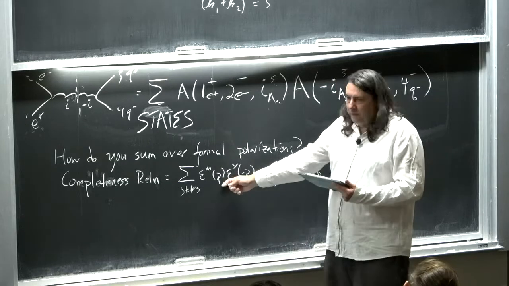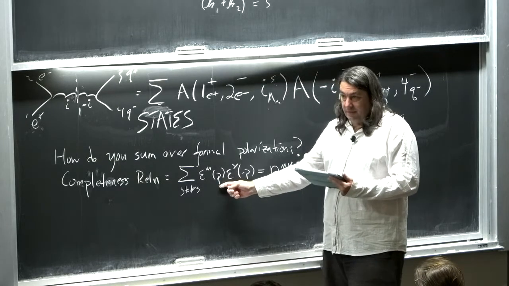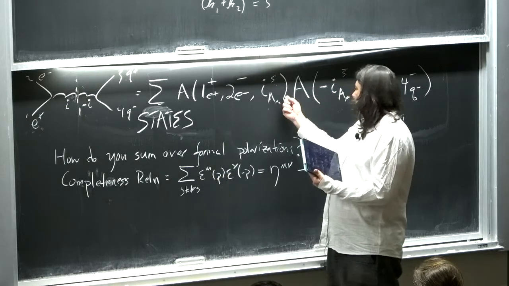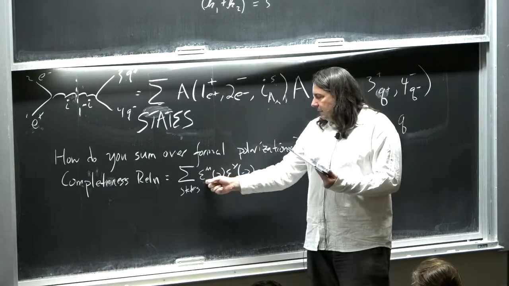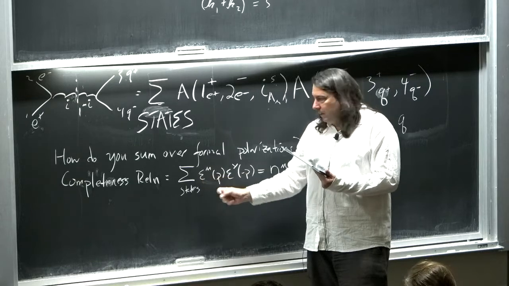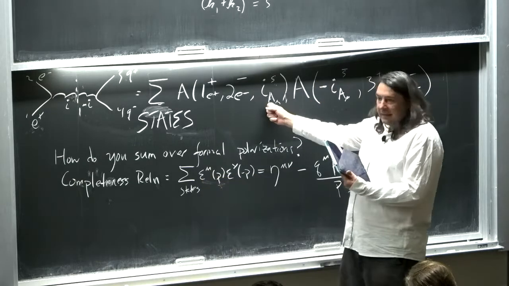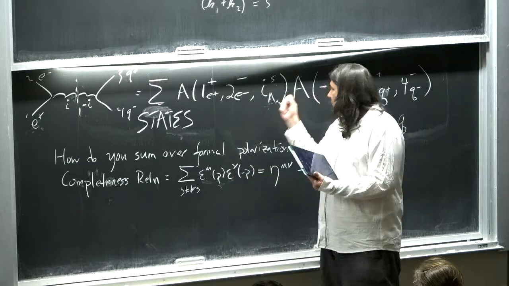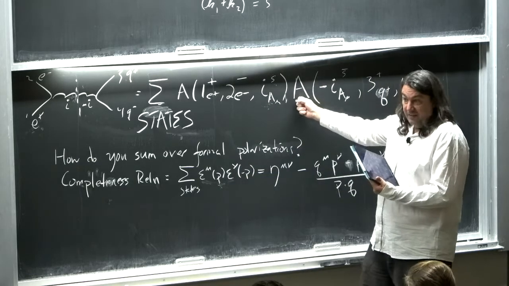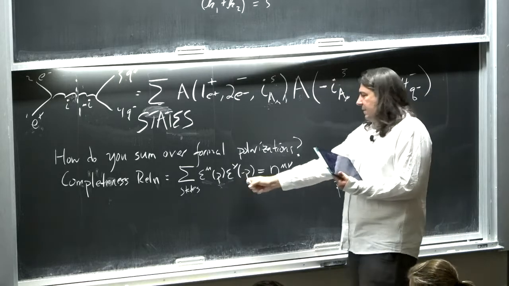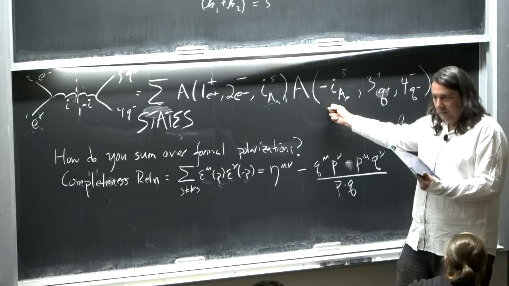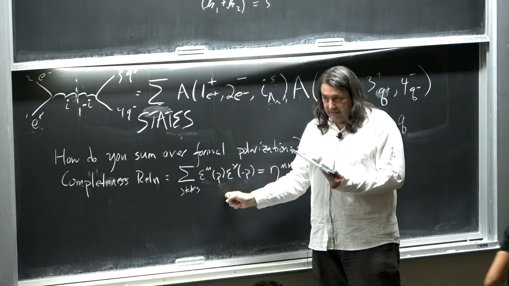When you've got formal polarizations, they're dotted into something. So pry apart the dot, and what's left is some epsilon mu with some momentum. The momentum in this case is going to be I on this side. You'll also have an epsilon nu for the polarization dotted into here with the negative I. And we're going to sum over the states.